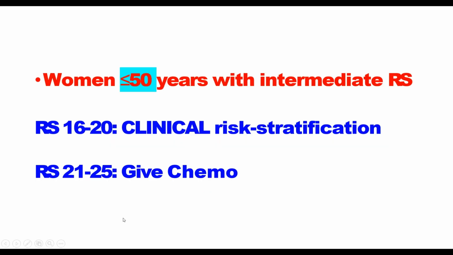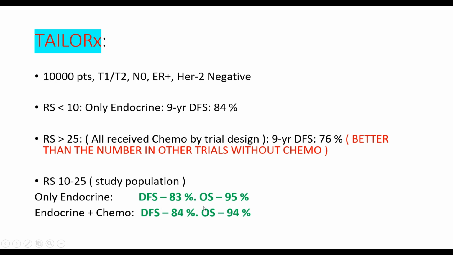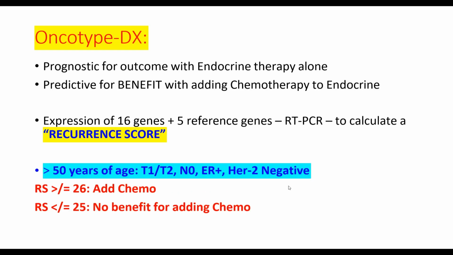This is the question that we are trying to answer here, and it was found that in the study population, that is in a T1 or a T2 node negative, hormone receptor positive and a HER2 negative breast cancer patient, if an Oncotype DX is performed and if the recurrence score is somewhere between 10 and 25, there is no benefit of adding chemotherapy over and above endocrine therapy, and only endocrine therapy will suffice. So basically, the patient is avoiding the toxicity of systemic chemotherapy. That was the conclusion of this TAILORx.